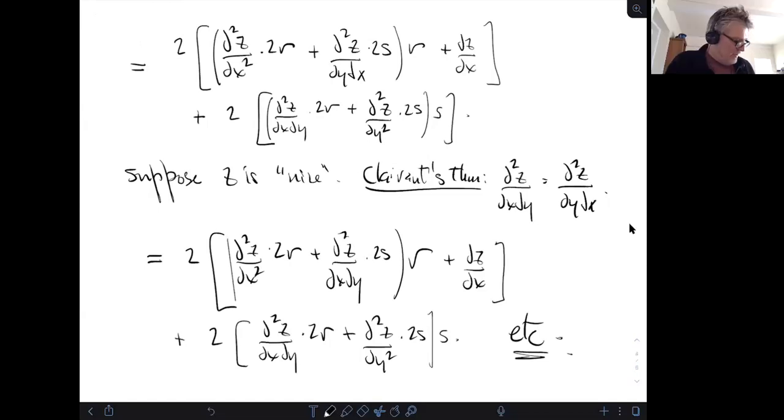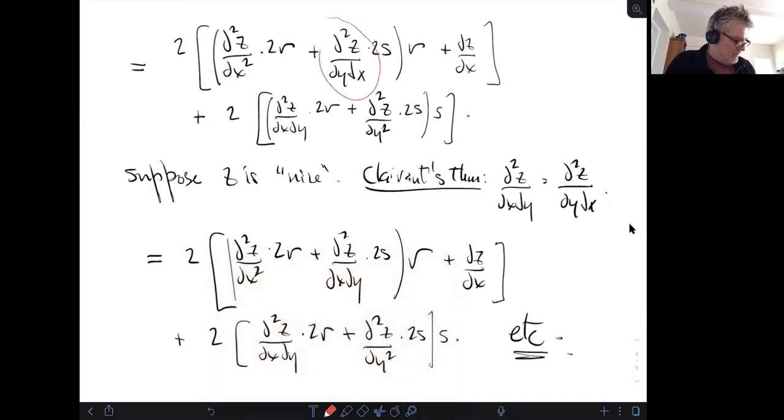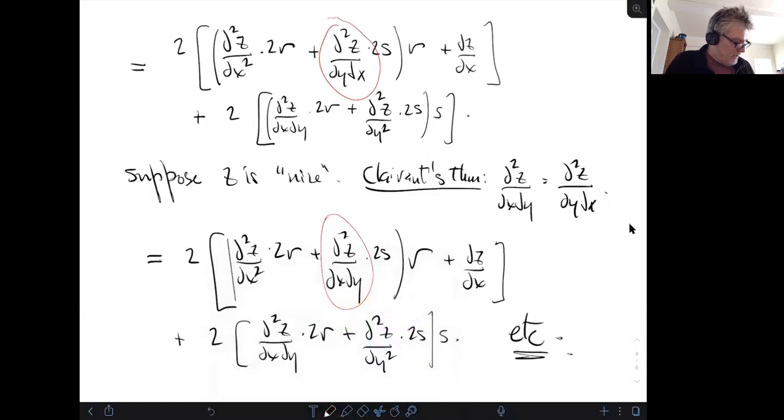Okay, so the only difference is I'll just use red here. If you look at this guy, I just rewrote it in the other direction. So at this point, what I could do is we can rewrite, right? We could put things together.